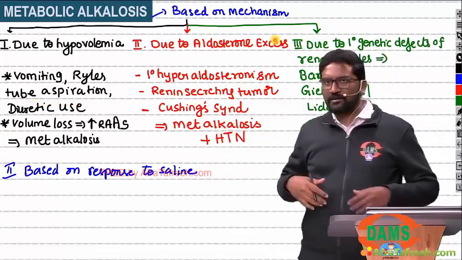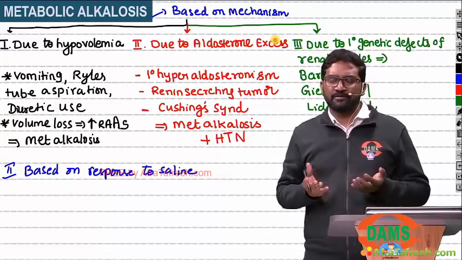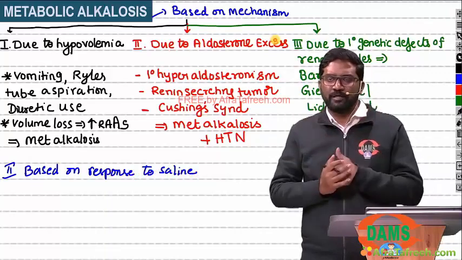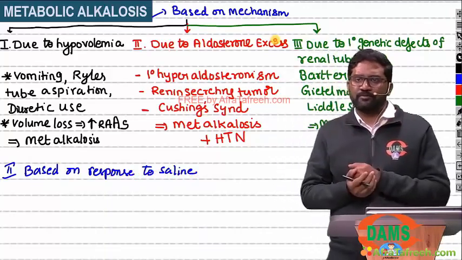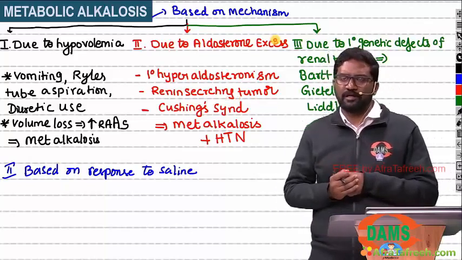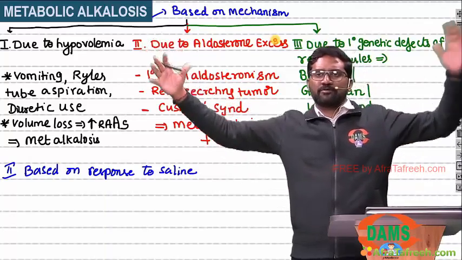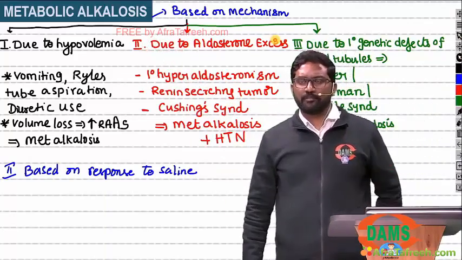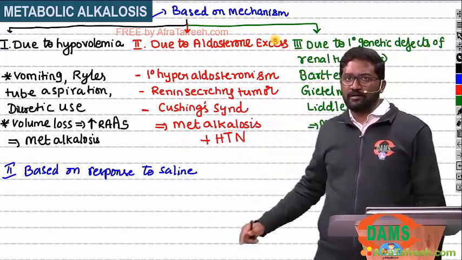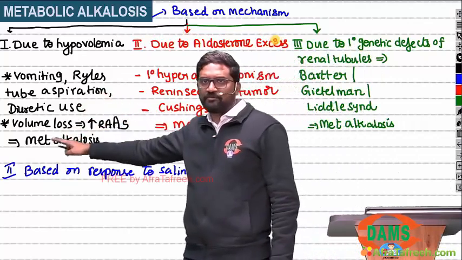If unnecessarily aldosterone is acting on your kidney, what will happen? Continuously there will be a lot of sodium and water reabsorption. Whenever a lot of sodium and water is reabsorbed, what will happen to the volume status of the patient? Extracellular fluid volume expansion. When there is a lot of sodium and water, what will happen to the blood pressure of the patient? It will increase. Whereas in category 1, this is happening due to volume loss.